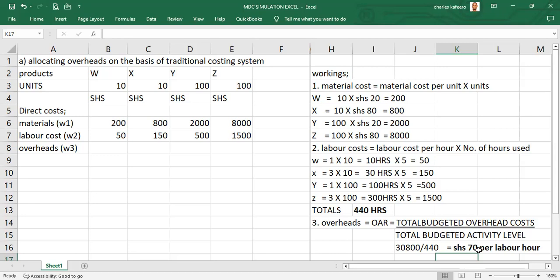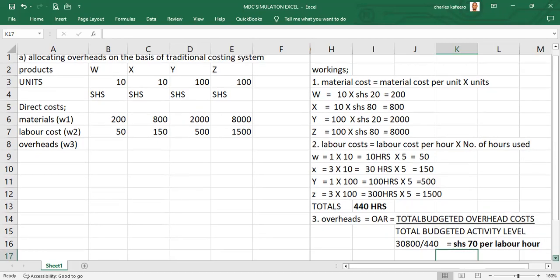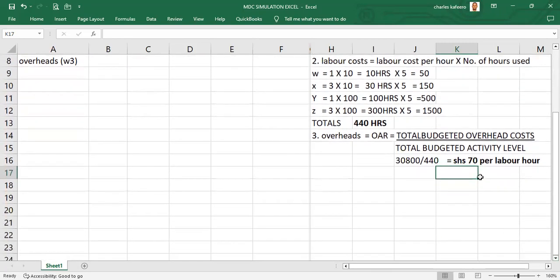So in this case, since we are dividing by the total number of hours, we are getting the shillings per labor hour, or per hour that has been spent. So our emphasis here, after getting the OAR, is on how much we have spent on each product.